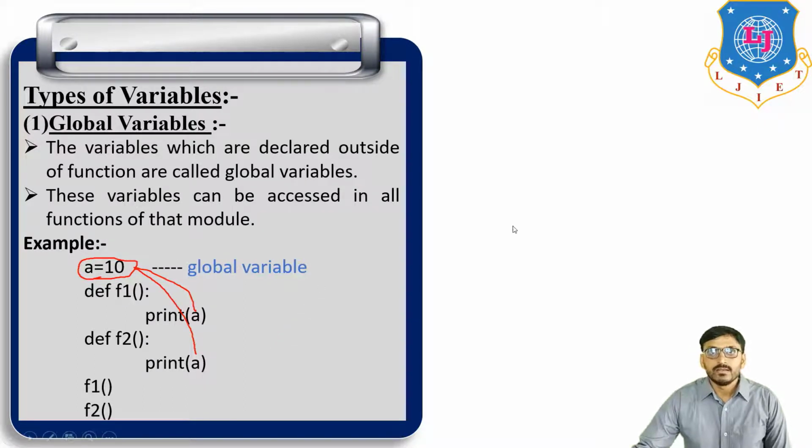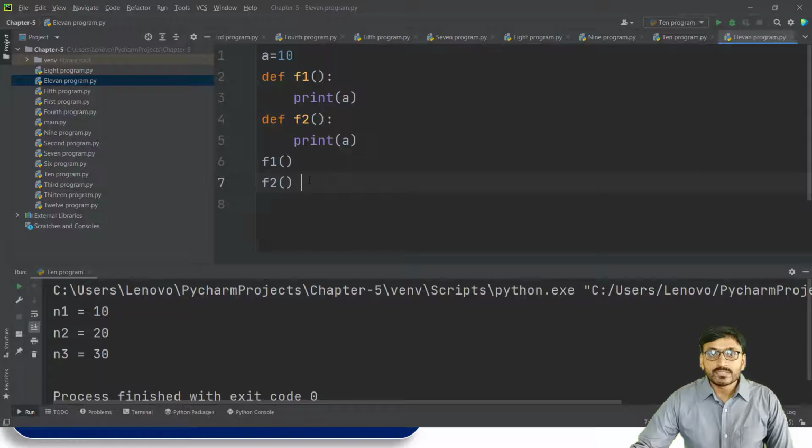Now the same program we run in PyCharm. So the same program, a is equal to 10, that is a global variable, then def f1 print a, def f2 print a, f1 and f2.